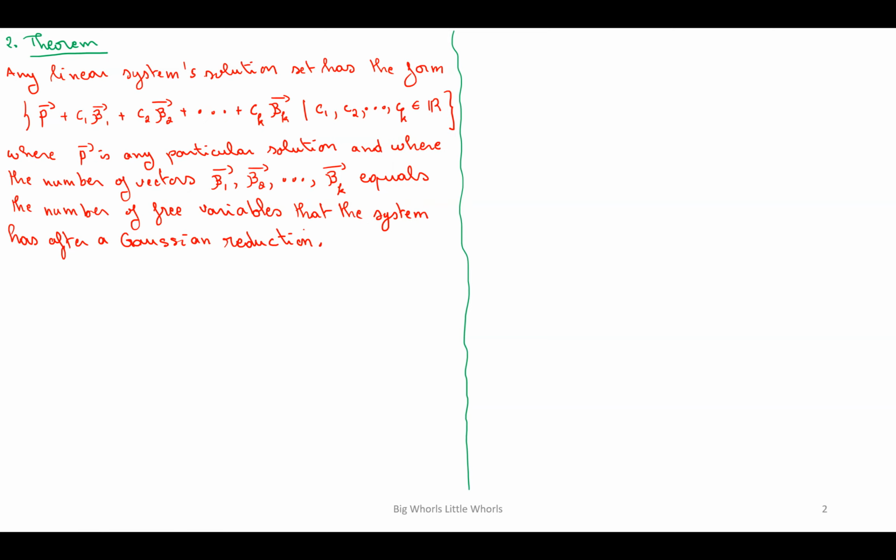Okay, so let's continue with what we mean by a homogeneous part. Number 3, let's continue with the definition.